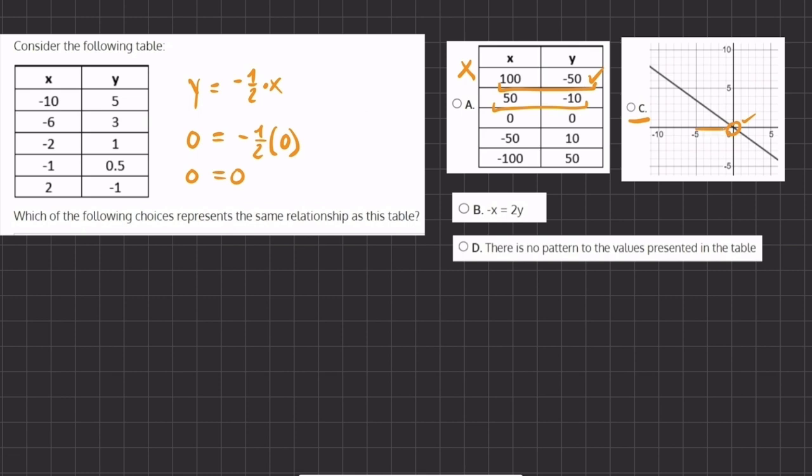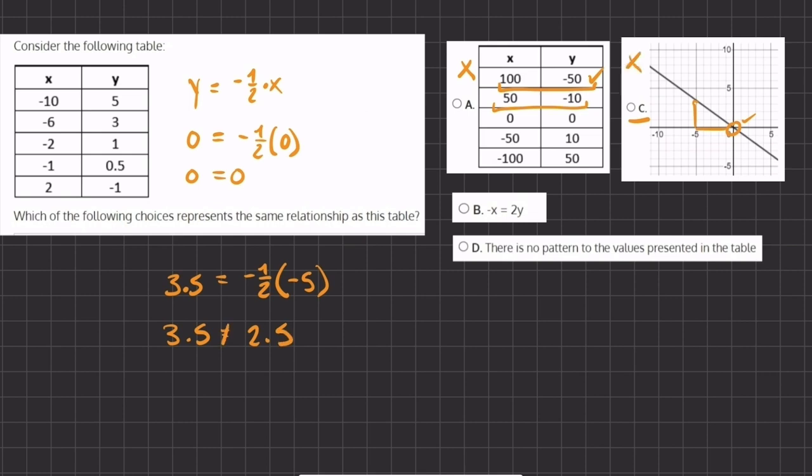We have negative 5 and around 3.5. So let's plug this in. We have y equals 3.5 equals negative half times x, which is negative 5. So now we have 3.5 equals negative half of negative 5, which will give us 2.5. And these values do not equal one another, therefore C is also incorrect.